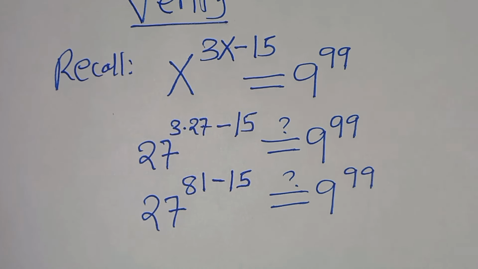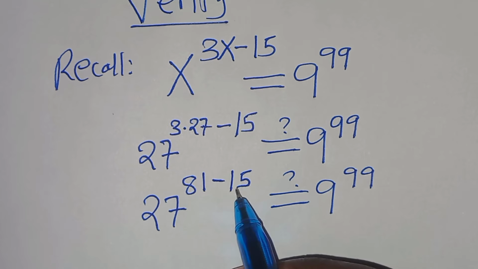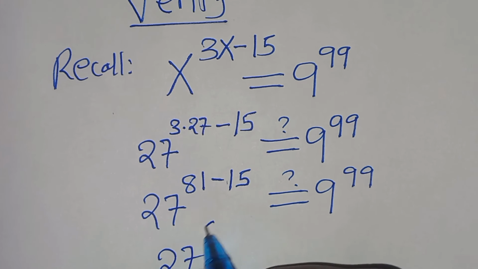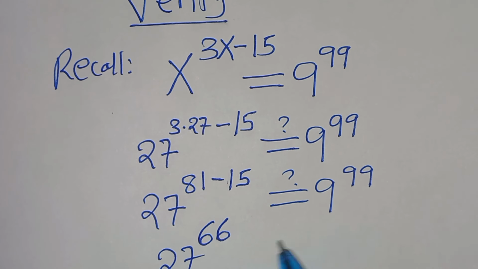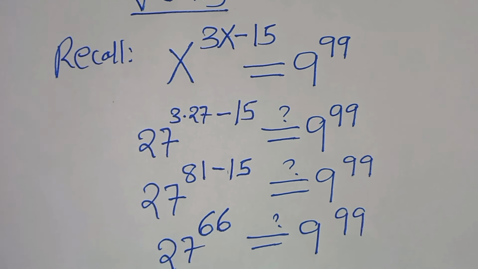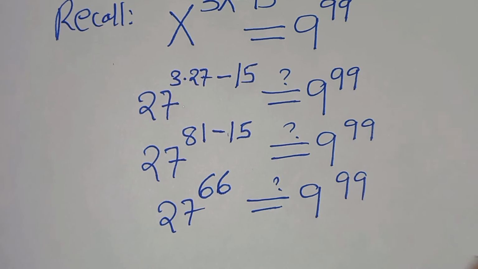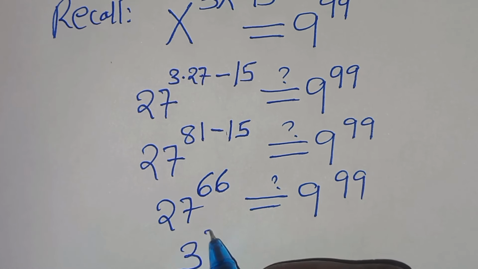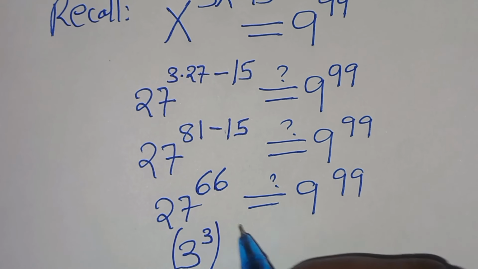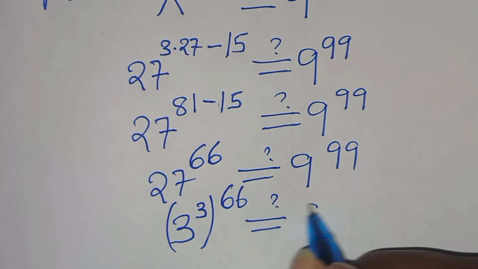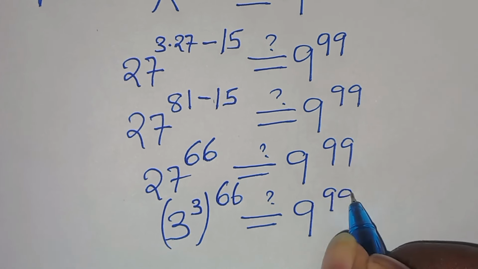So now 81 minus 15, this is the same thing as 27 to the power of 66, and this is supposed to give us a value of 9 to the power of 99. Now we can express 27 as 3 to the power of 3, then raised to the power of 66.